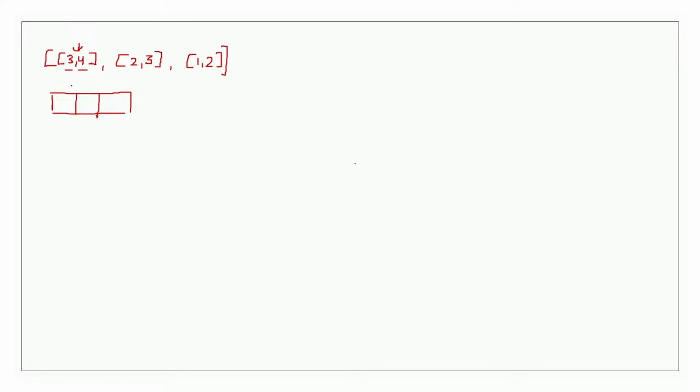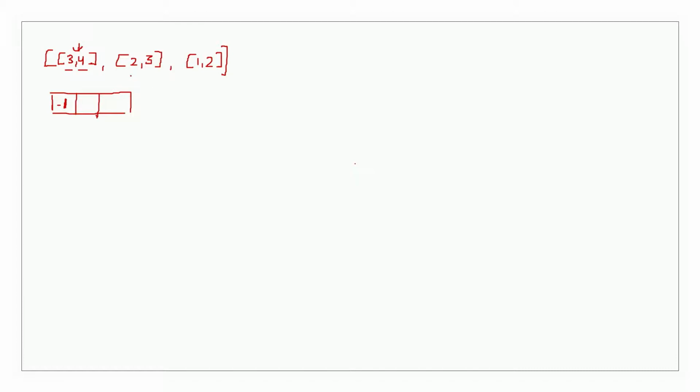Now, I need to find an interval whose start value is greater than or equal to the end value of this interval. The end value is 4 here, and for the other intervals the start values are 2 and 1, and none of these is greater than or equal to 4. So for my first interval, I have no right interval, so I'll just add -1 in my output array.